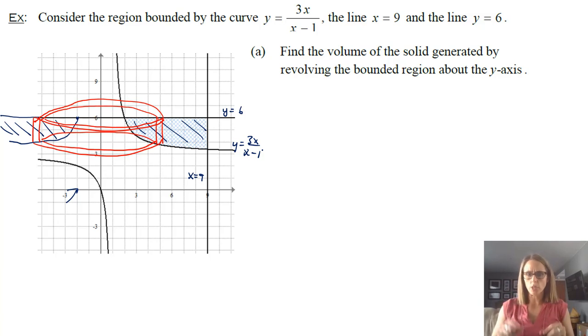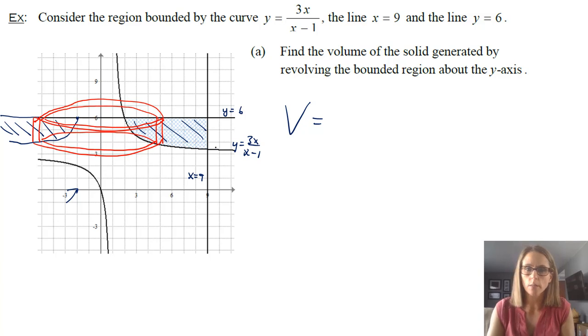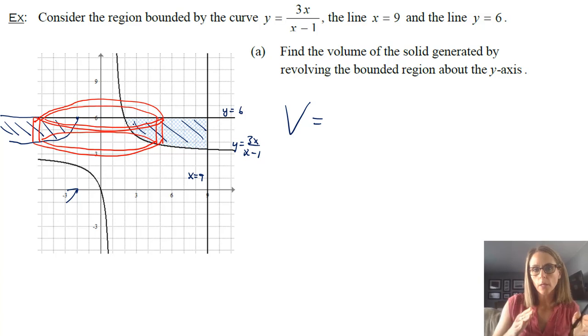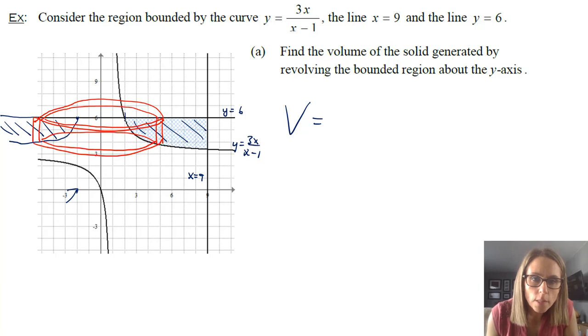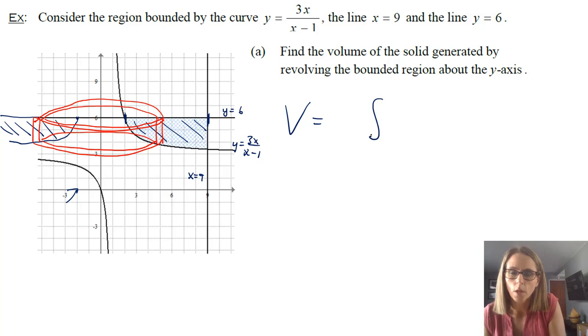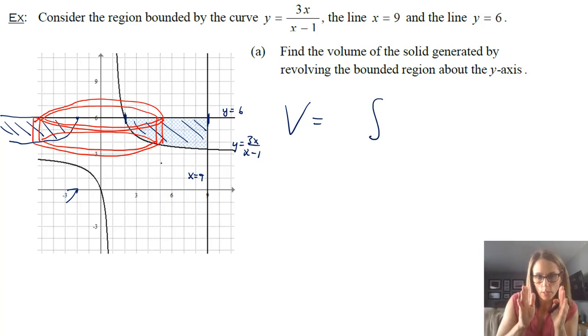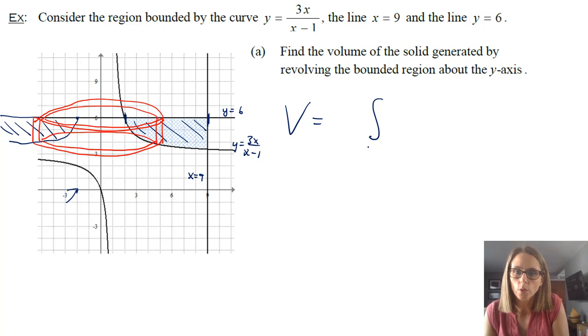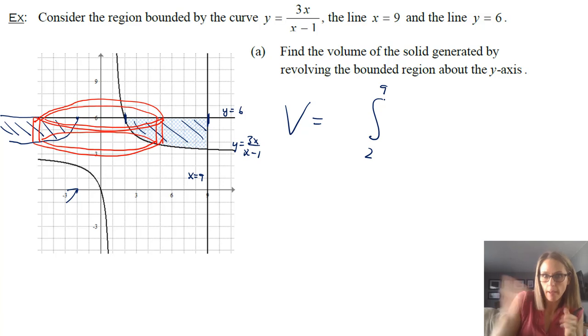So when we think about these shells, the volume in this example is going to be integrating from where it begins, which you can see starts right here and ends right here. We're only focusing on that right hand side, from 2 to 9. So that's where all the shells are starting and ending, 2 to 9.